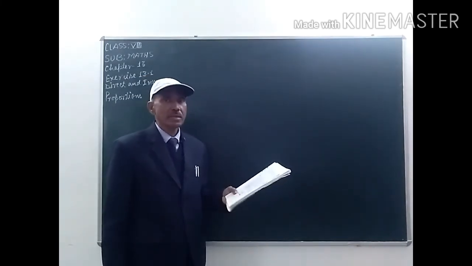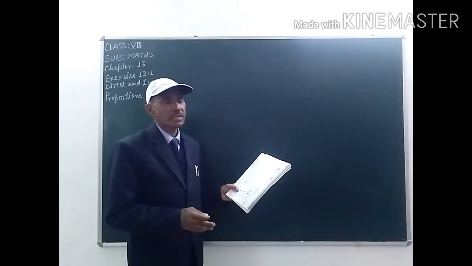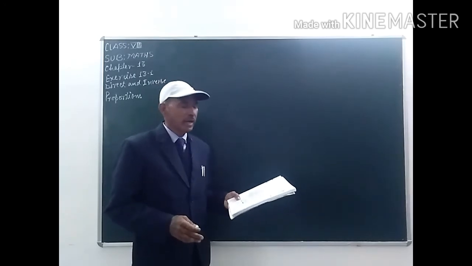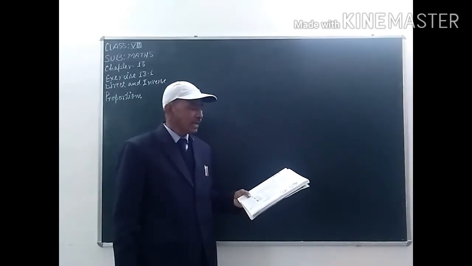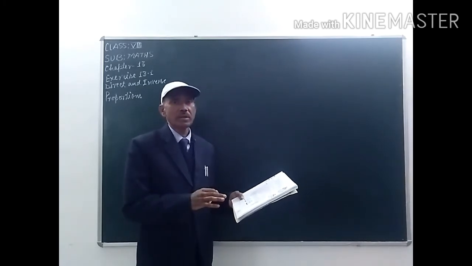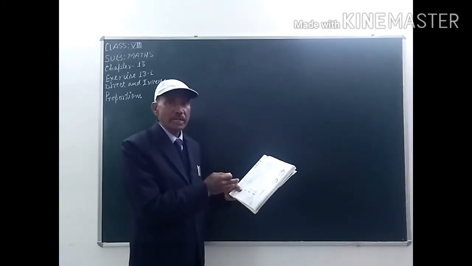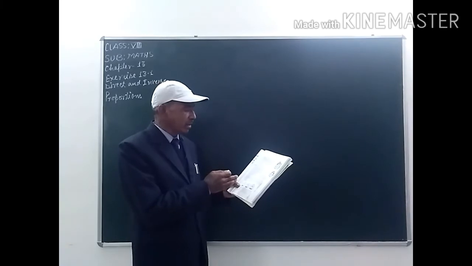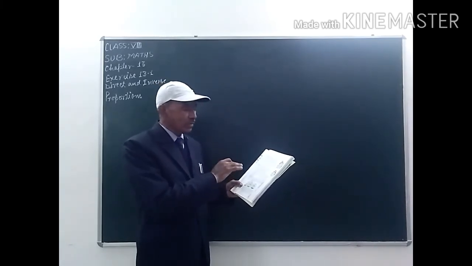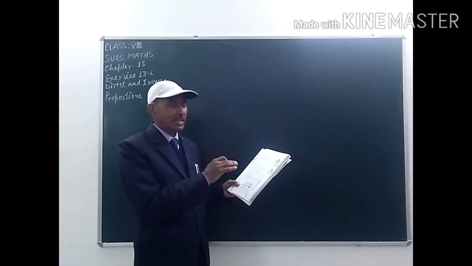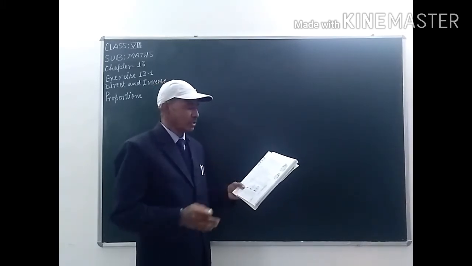Students, this is question number 1 of exercise 13.2, and in this question, which of the following are in inverse proportion? There are some statements in this question, students. There are 5 statements, and we have to choose the statements that are in inverse proportion.